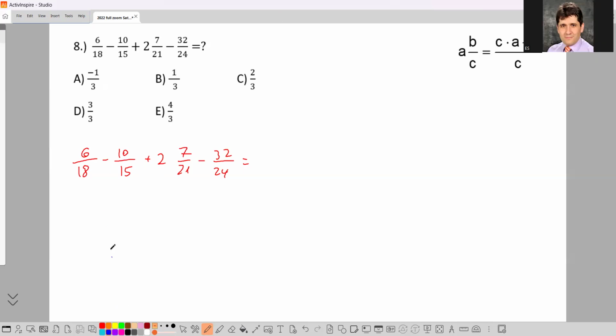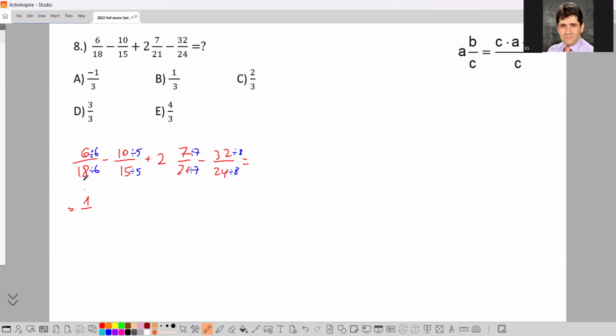So the best idea here would be to simplify. So simplify here by 6, here by 5. If you just go directly and find the common denominator, it would be very long to solve the problem. So you won't have enough time to finish the rest of the exercises.